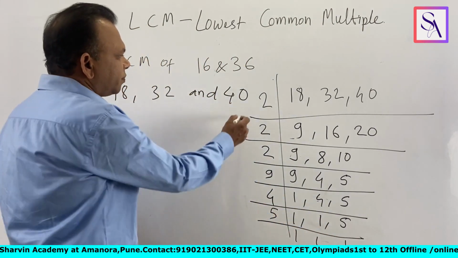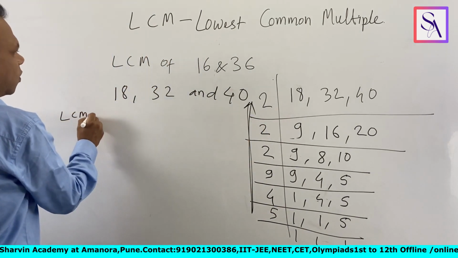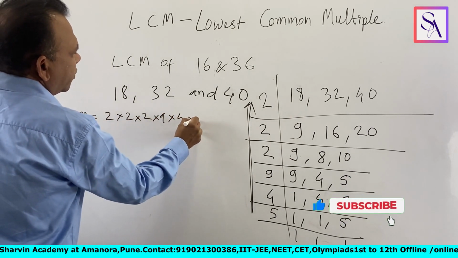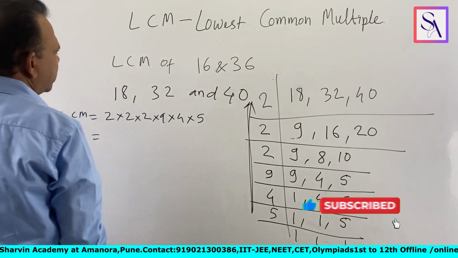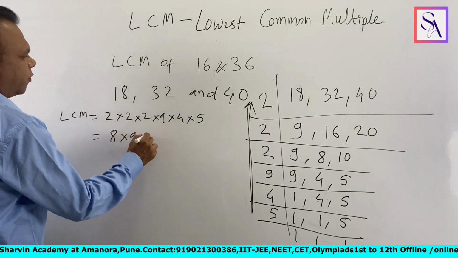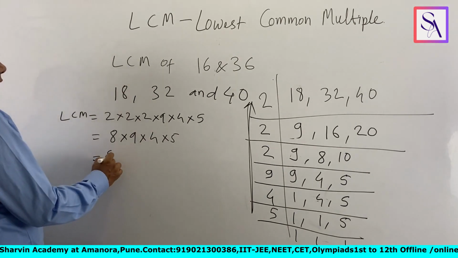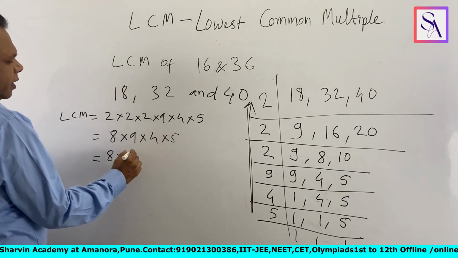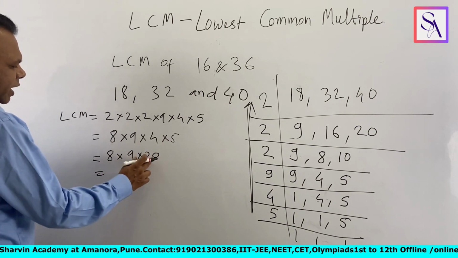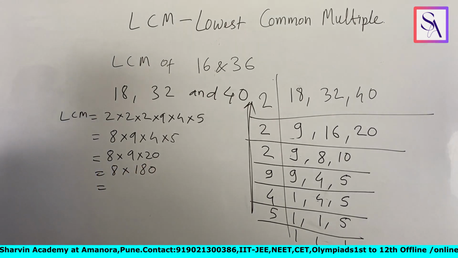So what is the answer? This is the answer. LCM is equal to 2 into 2 into 2 into 9 into 4 into 5. 2 2s are 4, 4 2s are 8 into 9 into 4 into 5. So 8 into 4 5s are 20, 9 into 20, 9 2s are 18, so 8 into 180, right?